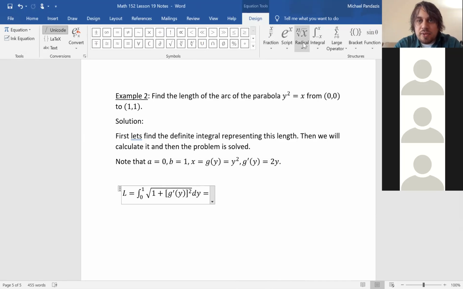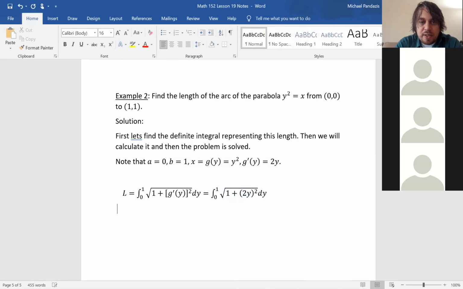And so this is equal to the definite integral from 0 to 1 of the square root of 1 plus g prime of y squared dy. G prime of y is 2y. See that?